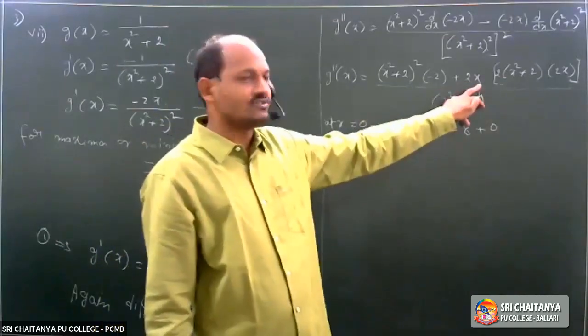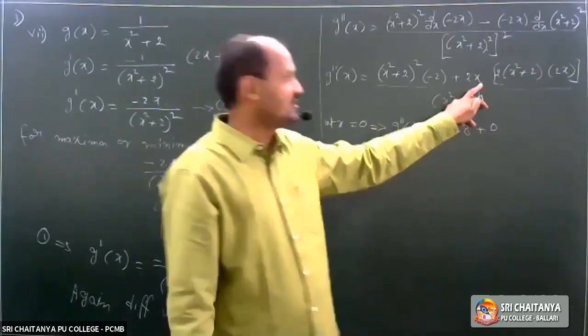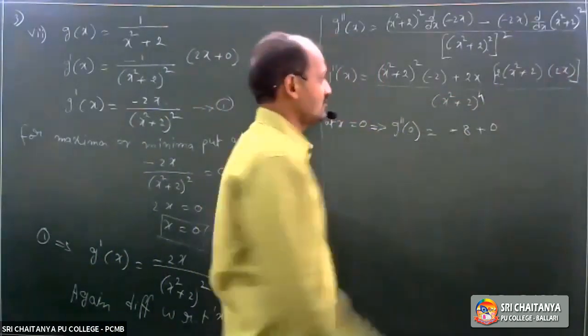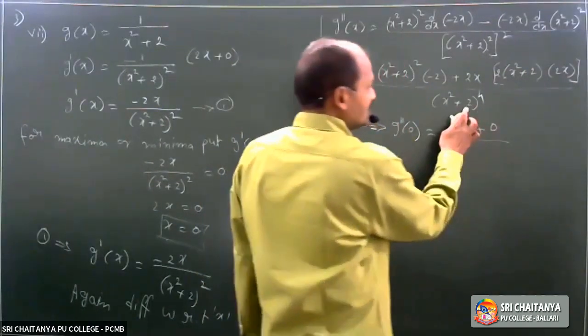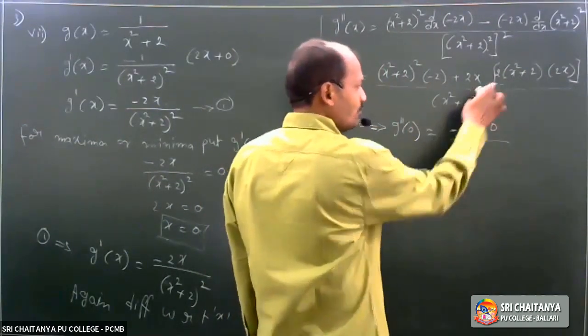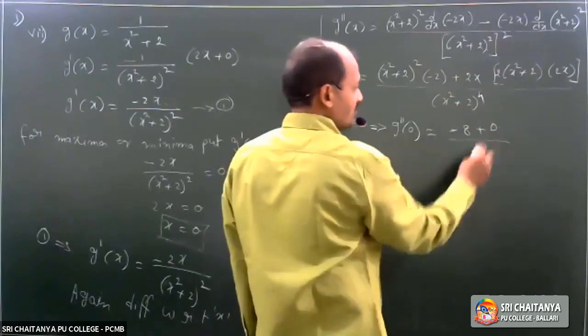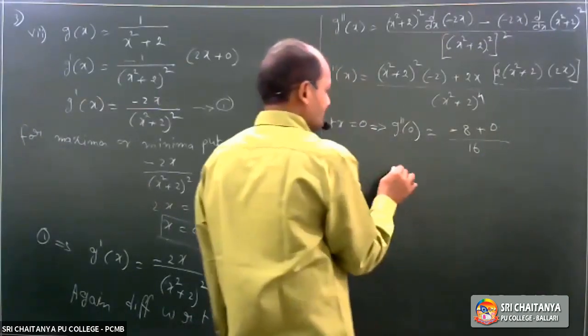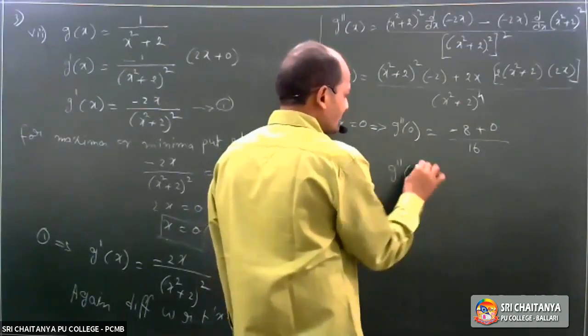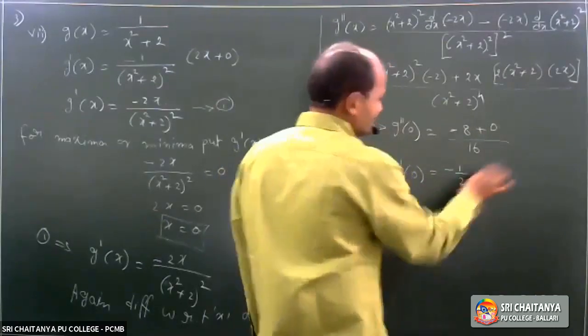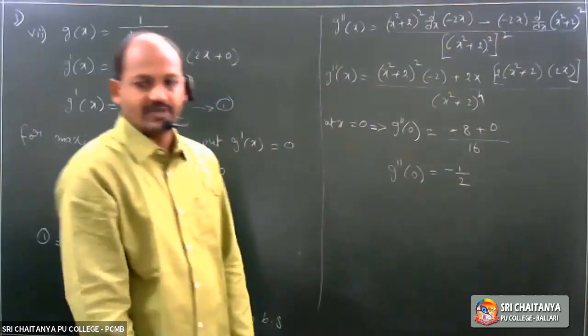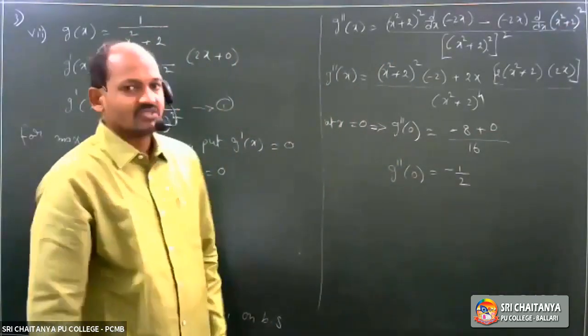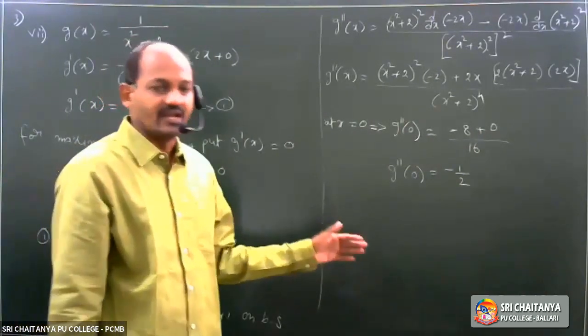Plus 2 into 0, and 0 into anything makes the total 0. Divided by (0 plus 2) power 4, which is 2 power 4, 16. So g double dash of 0 is equal to minus 8 by 16, that is minus 1 by 2. So the second order derivative is negative.